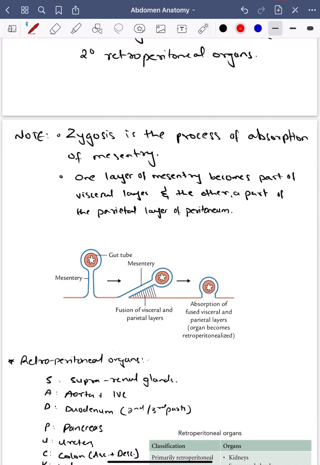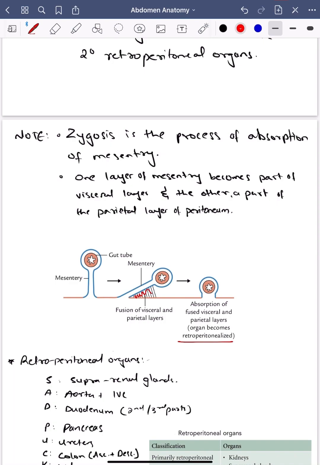What happens is the mesentery is fused into the layers of peritoneum. That is, one layer of mesentery becomes part of the visceral peritoneum, as you can see here, and the other becomes part of the parietal peritoneum, and in the end you see this organ becomes retroperitonealized.